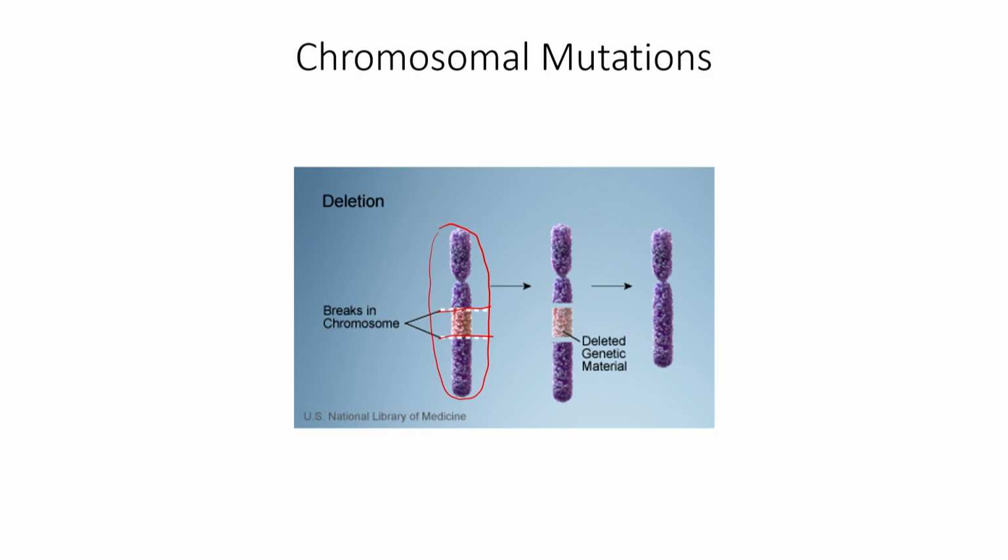If suppose this broken part is removed, and the other part of the chromosome, this part and this part, get joined together, then this region is lost.